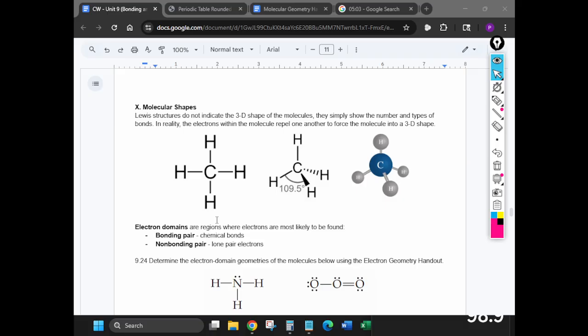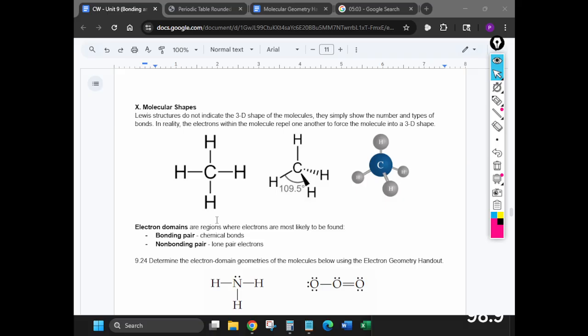So, I want you to take your 3 toothpicks, and what you're going to do is you're going to make this shape right here. So, kind of like an obtuse angle. And then one of the toothpicks is going to go in the front. Looks like a tripod. And one is going to go in the back. And this right here is the 3D shape of methane.